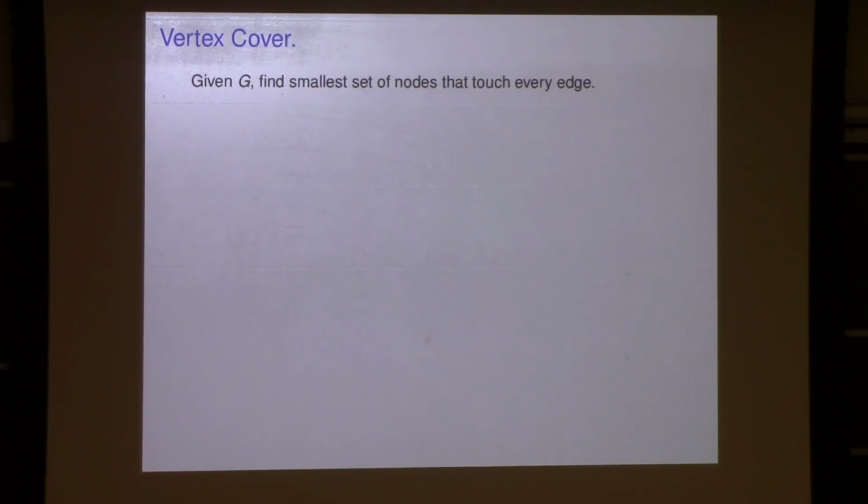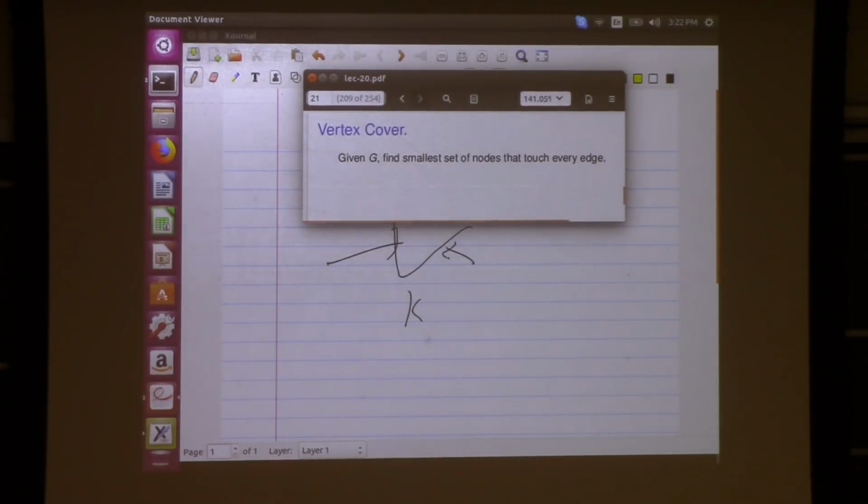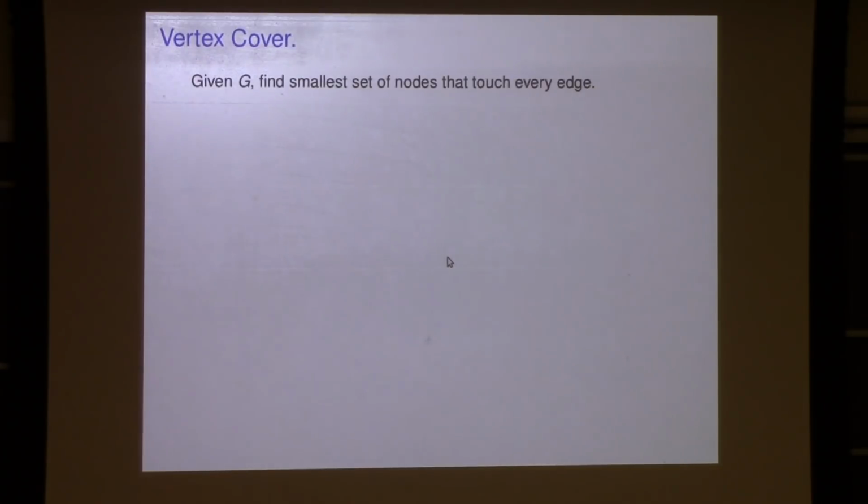Okay, vertex cover. We want to find the smallest set of nodes that touch every edge. It's called a cover because each edge is covered: one of its endpoints is in the cover. Does that make sense?